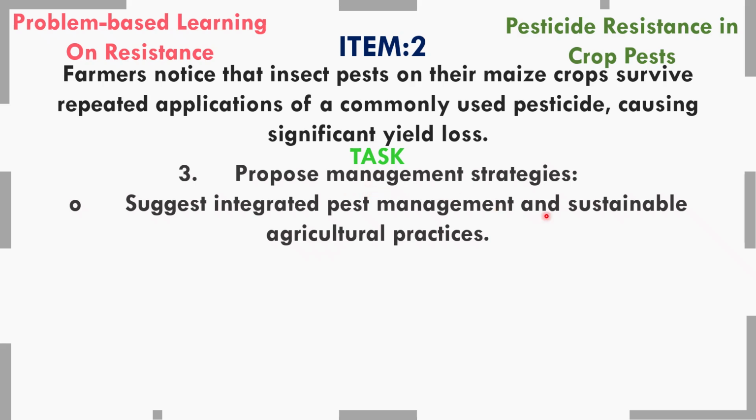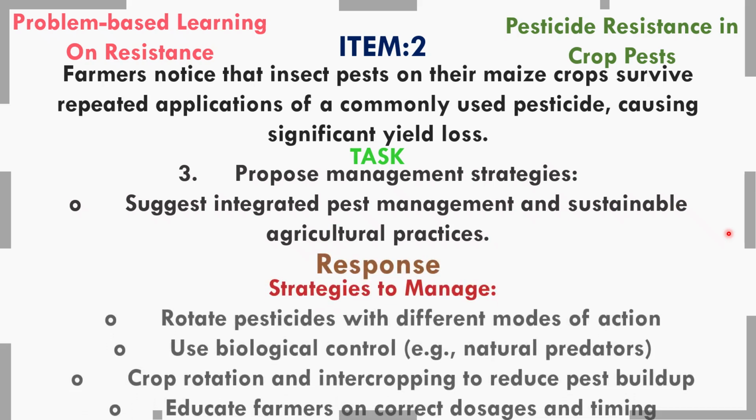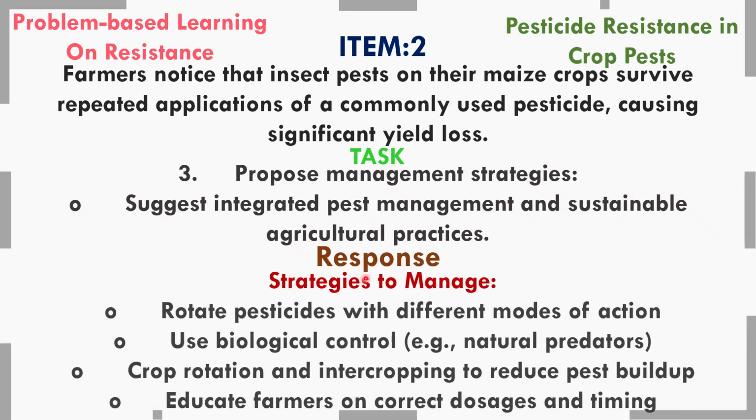Propose management strategies. Here you can suggest integrated pest management and sustainable agricultural practices. Strategies to manage: rotate pesticides with different modes of action.